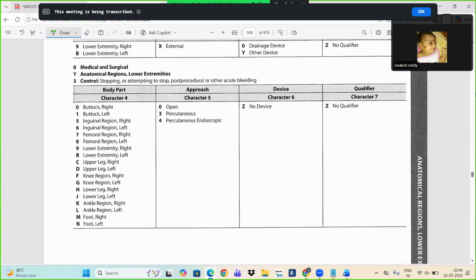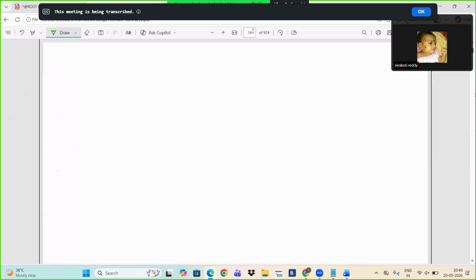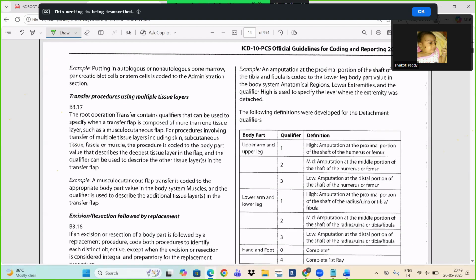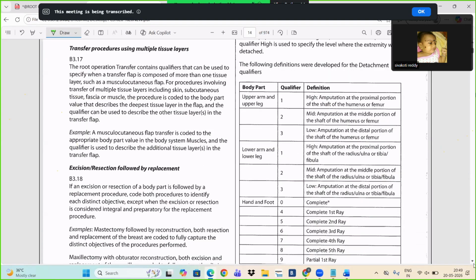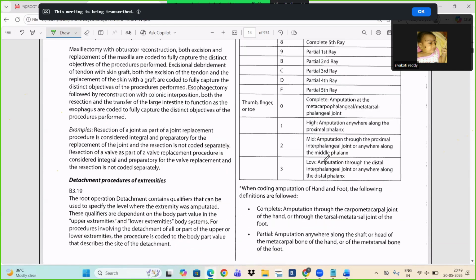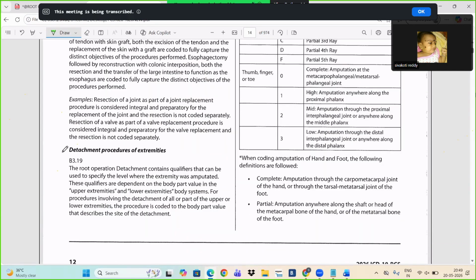If you go to the PCS book starting pages, guys, go through the 14th page. Here we have a table for the detachment procedure of extremities. Up to here you can read this table and these two lines.